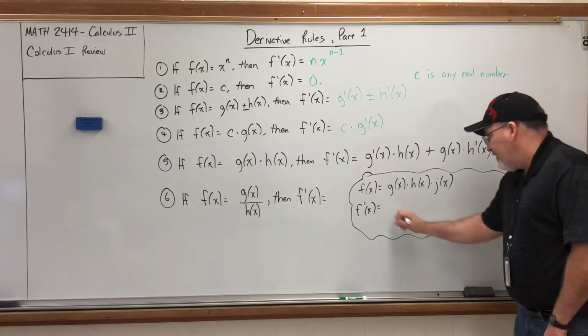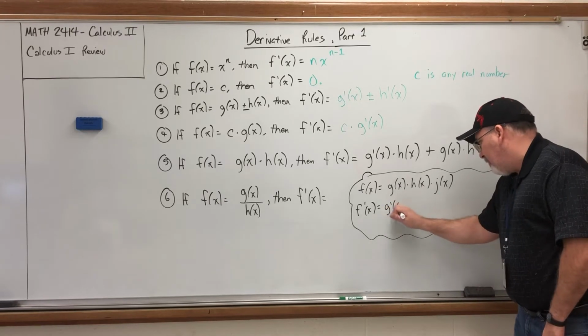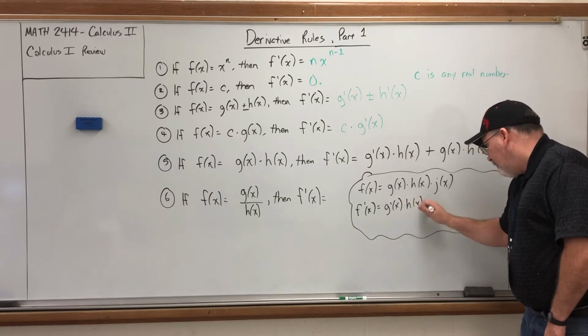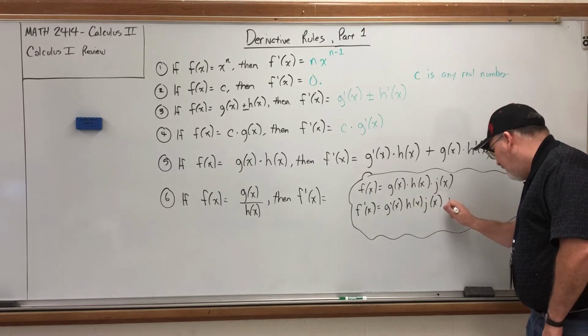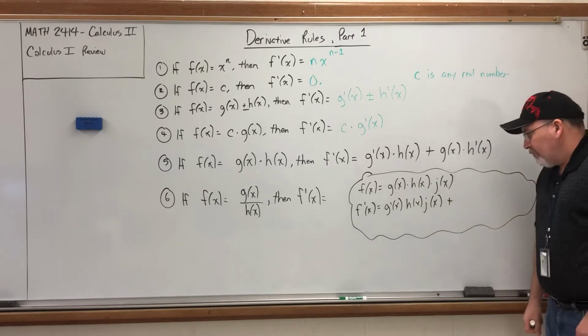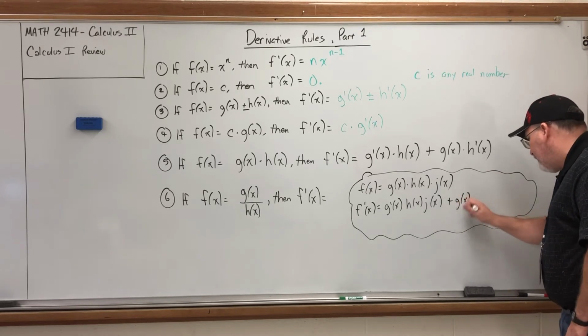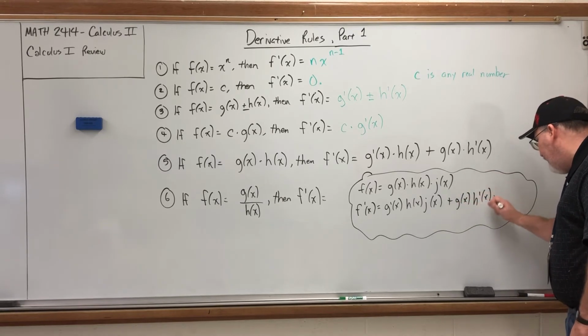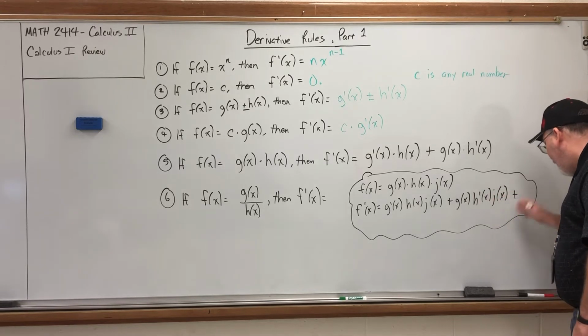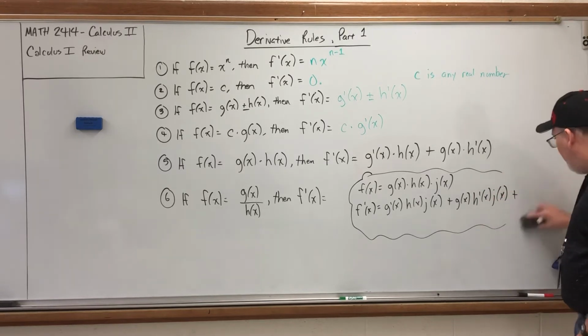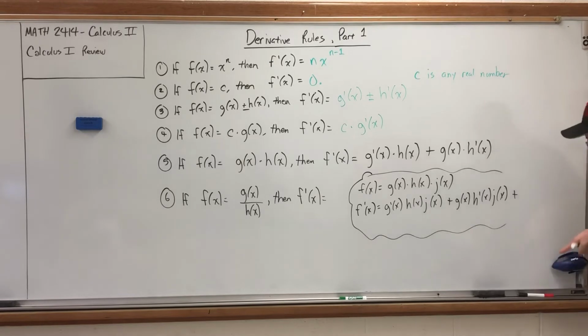So for example, we could take the derivative of the first factor and leave the other factors alone. And then add to that the result of doing the derivative on the next function, so g of x times h prime of x times j of x. But then we would have to add a third factor to it. We'd have to add a third product to it because we have a third factor to take the derivative of, g of x times h of x times j prime of x.